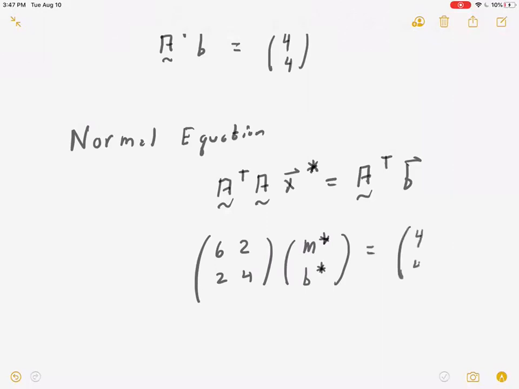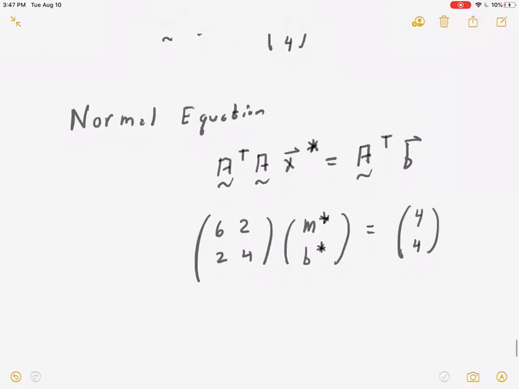They will describe respectively the slope and the y-intercept of the line that best approximates going through those 4 pieces of data.